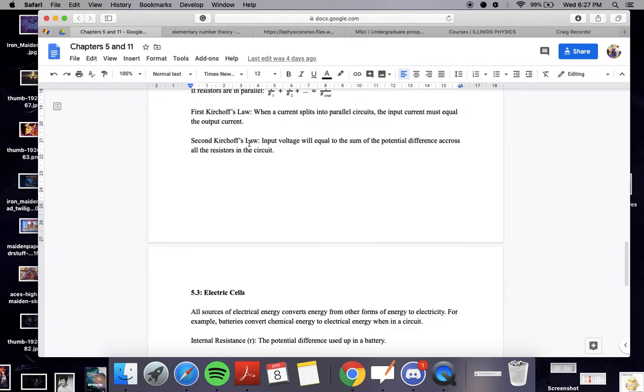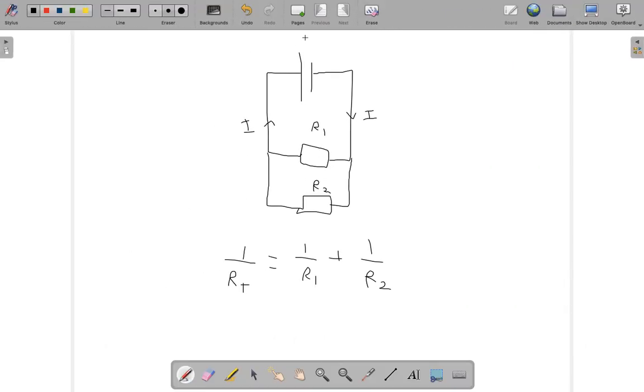Now Kirchhoff's second law states that the input voltage will be equal to the sum of the potential difference across all resistors. What this means is, if we have a potential difference over here of V, and we have these two resistors over here, for the sake of simplicity let's say the current over here is I1 and the current in this branch is I2.